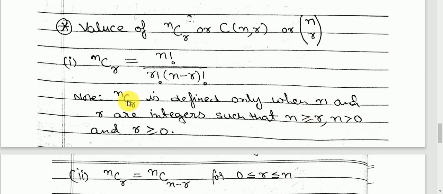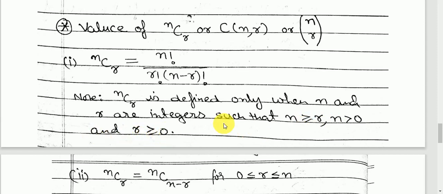nCr is defined only when n and r are integers such that n is greater than or equal to r, where n is greater than 0 and n could be equal to r, and r is greater than or equal to 0.